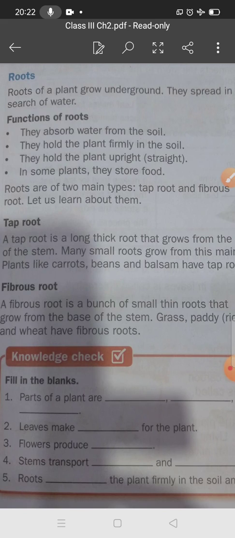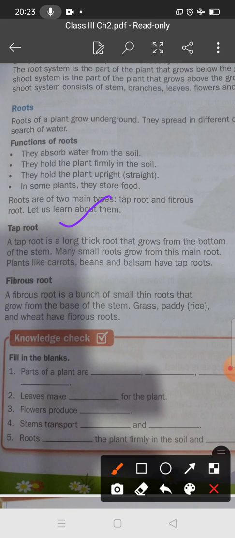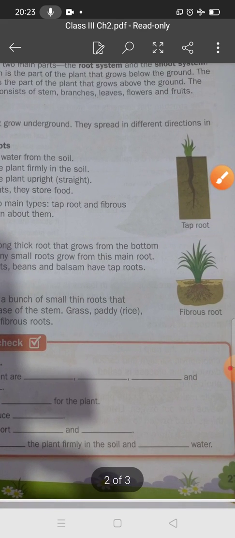They absorb water from the soil and minerals also. They fix the plant into the soil, and the two main roots are taproot and fibrous root. Understand? You should learn the examples of the taproot, and you should draw the diagram also.